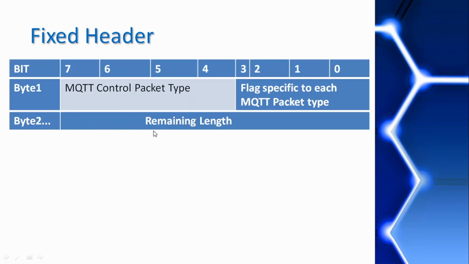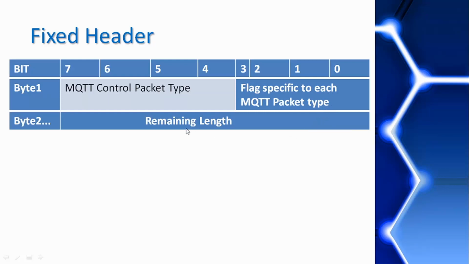The MQTT control packet type occupies 4 bits, that is bit positions 7 to 4. These 4 bits are an unsigned value, and each value represents one MQTT control packet type. The remaining bits, 3 to 0 of byte 1 in the fixed header, contain flags specific to each MQTT control packet type.